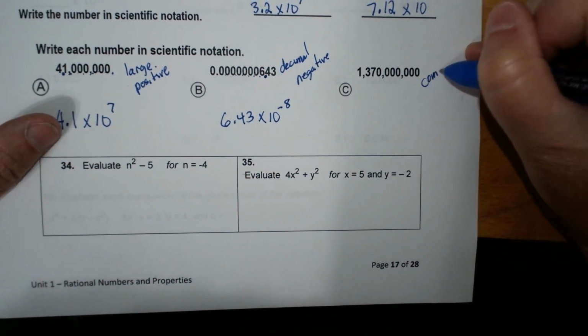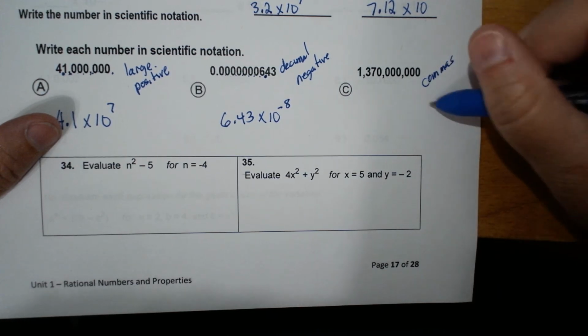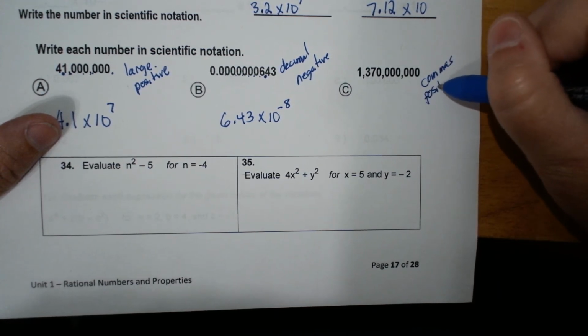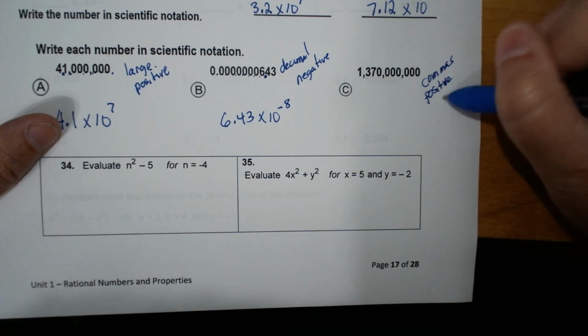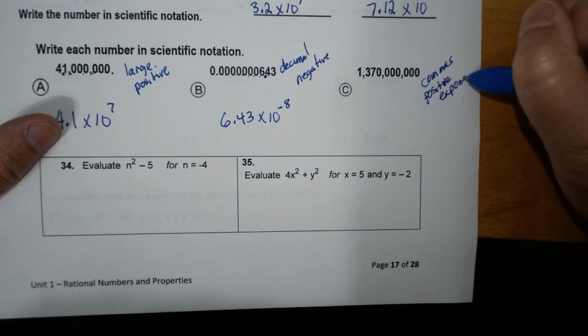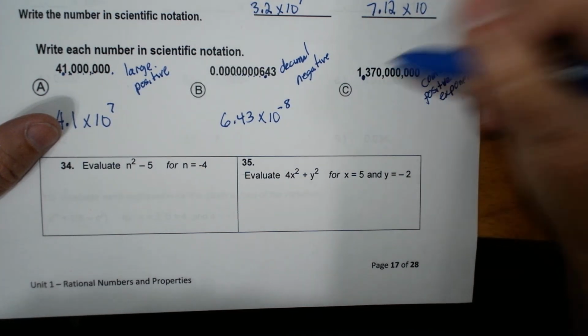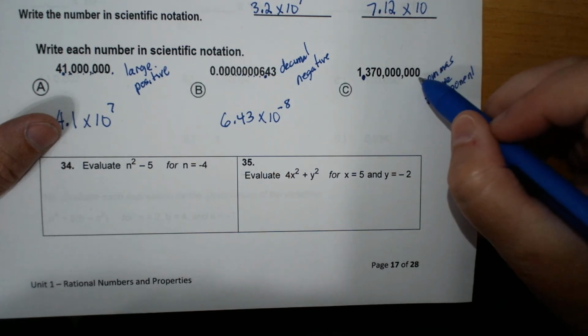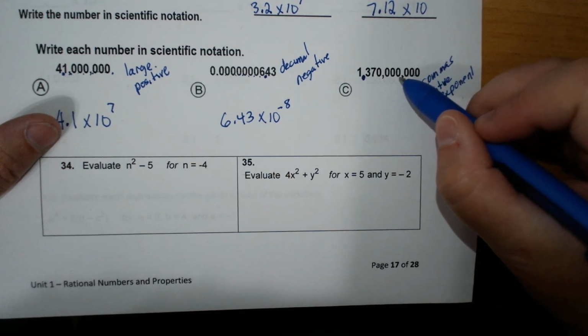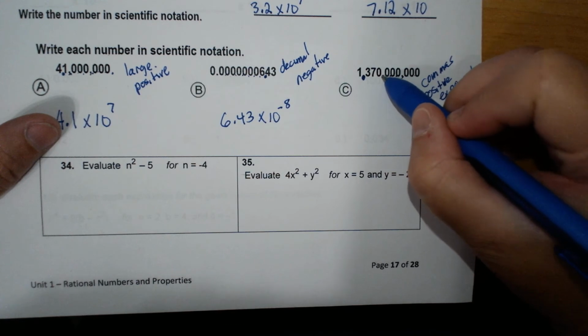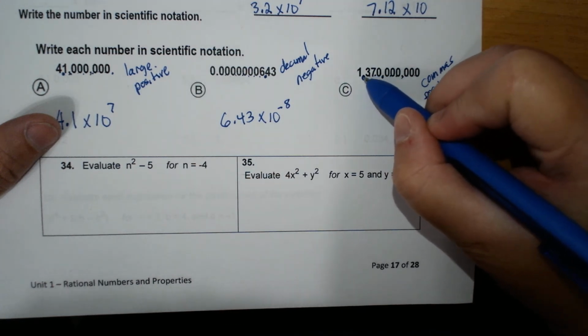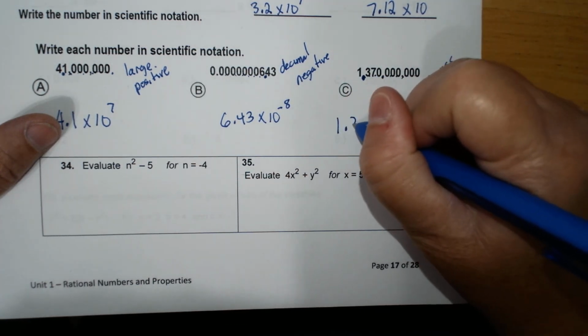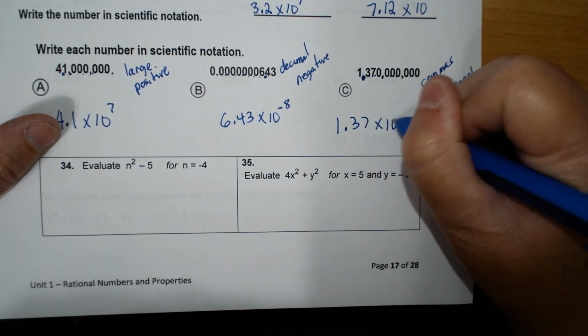Has commas, large number, positive exponent, has to travel to right there. 1, 2, 3, 4, 5, 6, 7, 8, 9. 1.37 times 10 to the 9th.